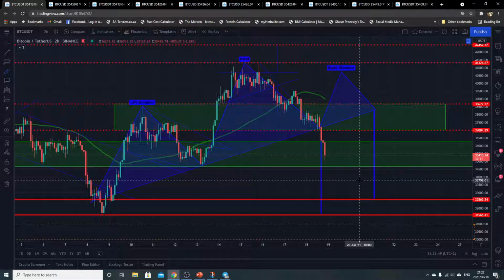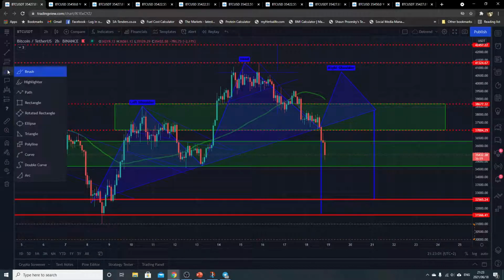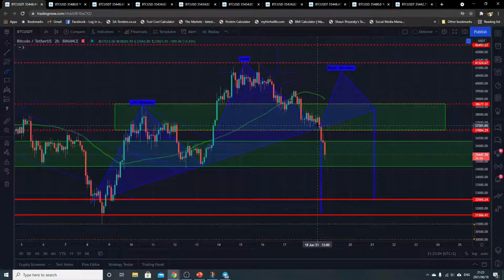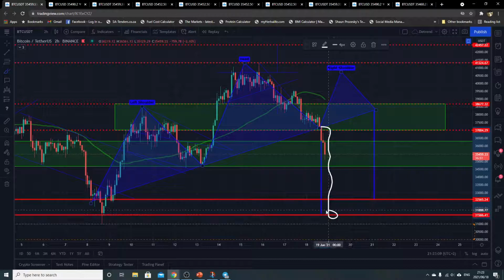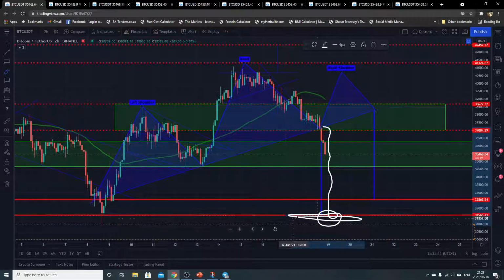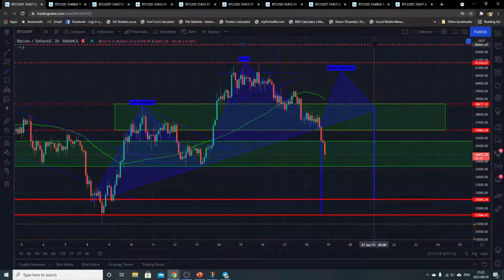And I did mention that, hey guys, if this doesn't bounce over here and go up to form the right shoulder of the head and shoulders, then we would have a breakdown and a follow through down to the bearish target over here, which is currently sitting at 31,566 US dollars. Or USDT, because this is a US tether Bitcoin chart from Binance.